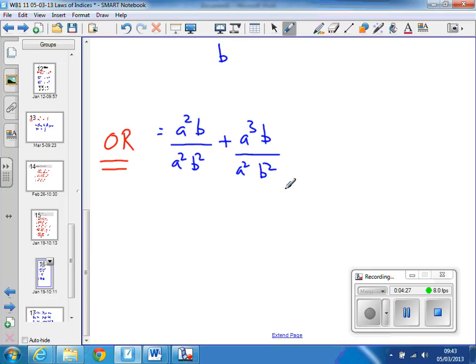So this is like a times b on the top over a times b times b plus 3 a's over a, b, b. Think of it like that, or even write it like that, because then we effectively are cancelling a's top and bottom and replacing them with 1's.